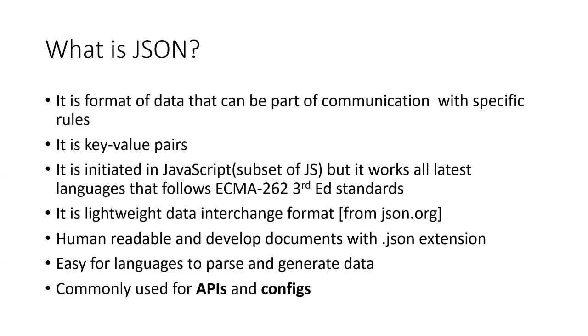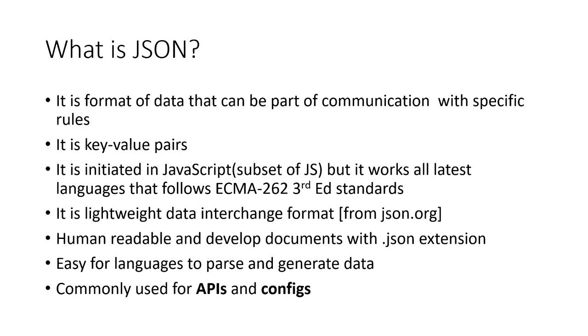This structure comes from JavaScript, the JS in the name. JavaScript Object Notation, the JS first letters coming from the same, is a subset of JavaScript. But it works without being bound to any language. It is going to work with almost all the latest languages, and every language also has some standards.